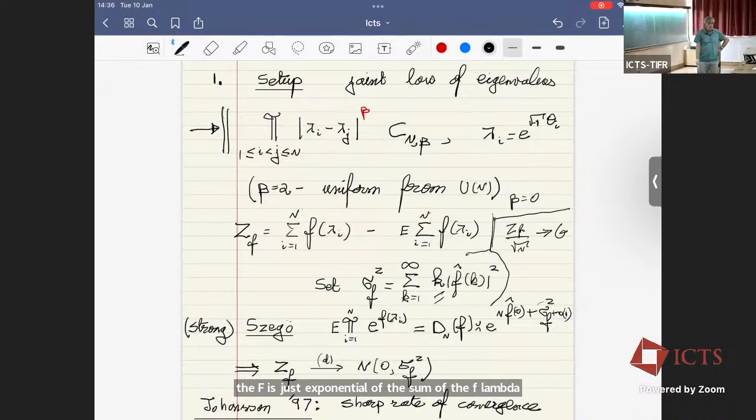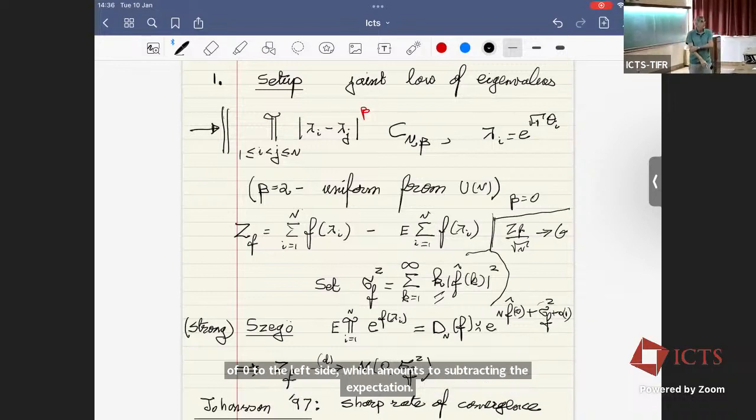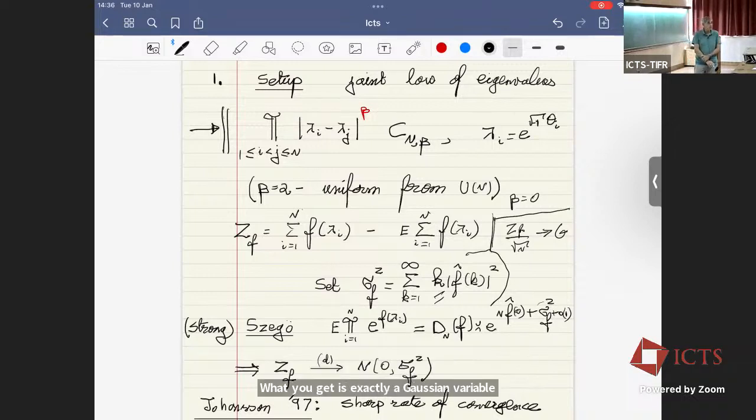So this is just a Laplace transform of that variable Z_f without the expectation. Now the expectation is going to be exactly n f hat of 0 because λ_i is uniformly distributed under this law. Everything is rotation invariant. So if you move the n f hat of 0 to the left side, which amounts to subtracting the expectation, what you get is exactly a Gaussian variable. Maybe there's a factor of 2 floating around. I'm not sure. Okay.